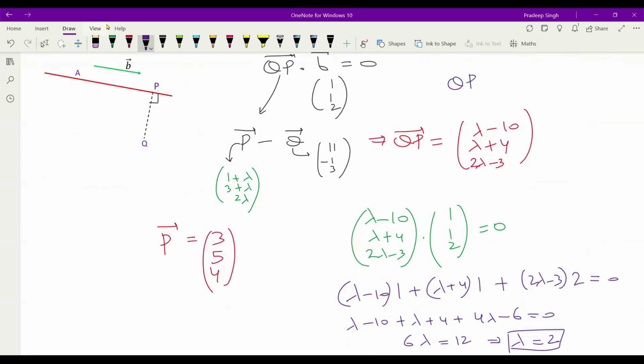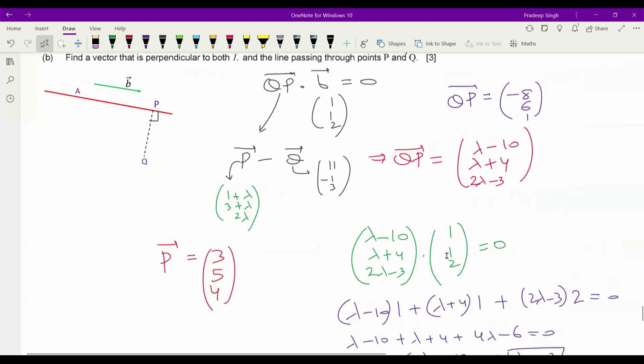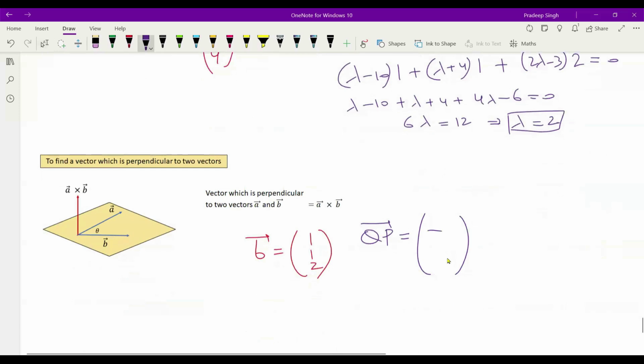QP vector in that case will come out as 2 minus 10, which is minus 8. 2 plus 4 is 6, and 2 into 2, 4 minus 3 comes out as 1. So QP vector is coming out as minus 8, 6, and 1. So we write down QP vector, which is the second vector, as minus 8, 6, and 1.